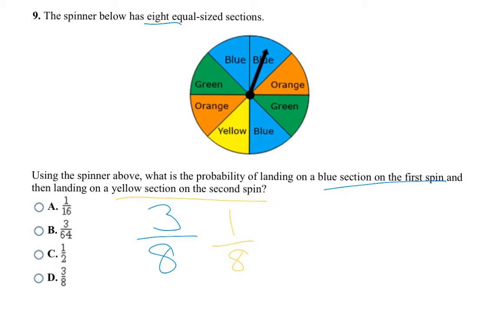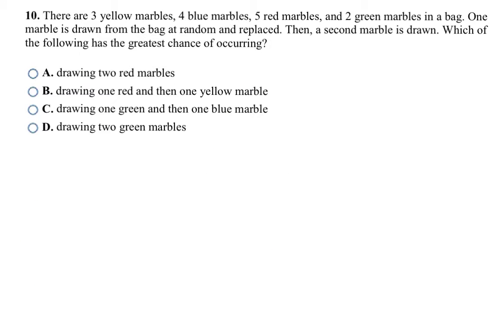And so we're going to go ahead and multiply 3/8 times 1/8. And when I do that and reduce my fraction, I end up with 3 out of 64, which is choice B, my final answer.